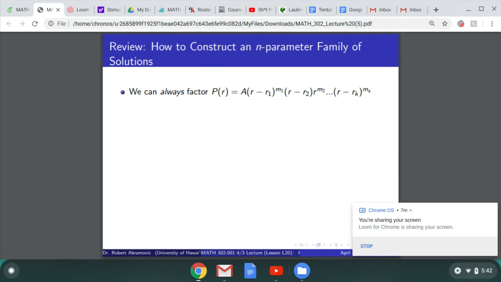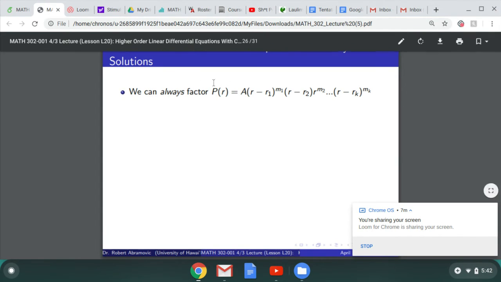Let's see how this plays out to construct an n parameter family of solutions. You can always factor, this is true for any real polynomial, even any polynomial with complex coefficients. Well, if it had complex coefficients, this a could be complex, but for now p of r has real coefficients.